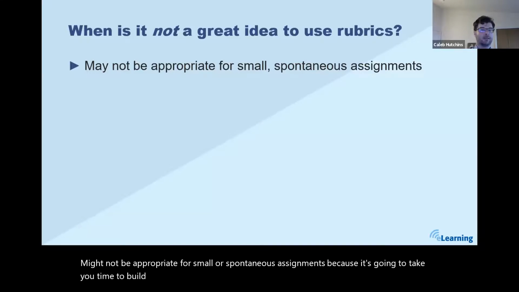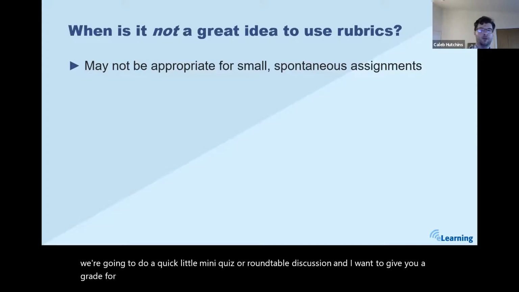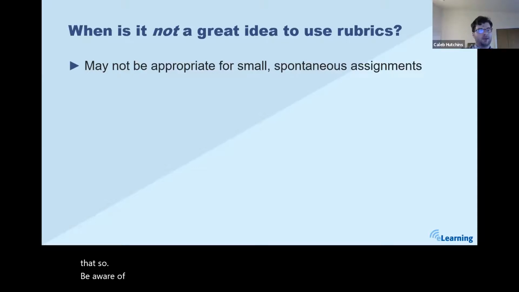If it's a quick little one-off thing, like in class we're going to do a quick mini quiz or a roundtable discussion, and I want to give you the grade for it, it might not be worth your time to sit down and design a whole rubric for that. So be aware of your own time constraints here. Don't force yourself to make a rubric when it's not necessarily worth it.